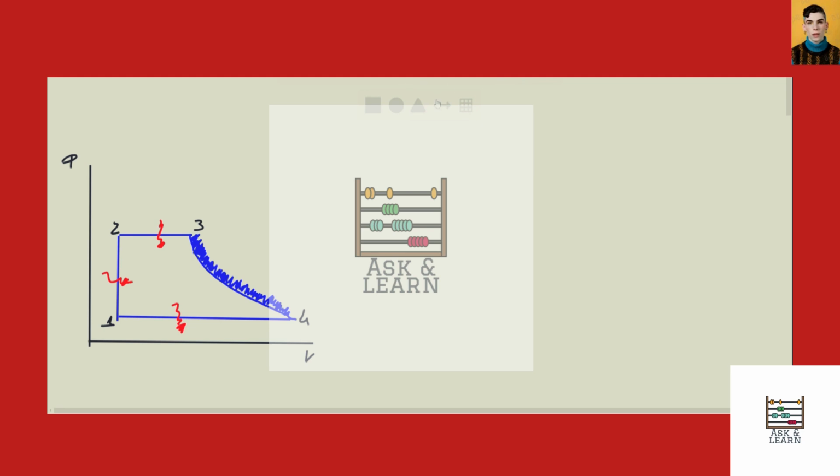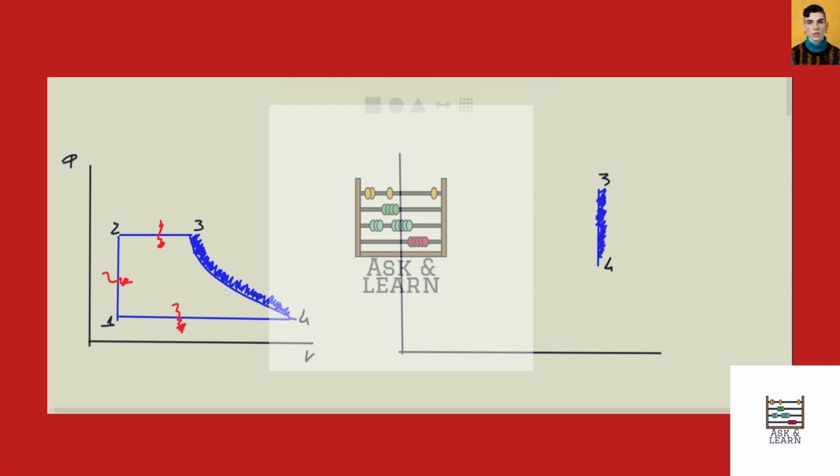Now let's do the TS diagram. The TS diagram is going to be a little more complicated. It's not so intuitive. Well, in a TS diagram, first of all, the isentropic process is described by a vertical line. So this is the 3-4 process.